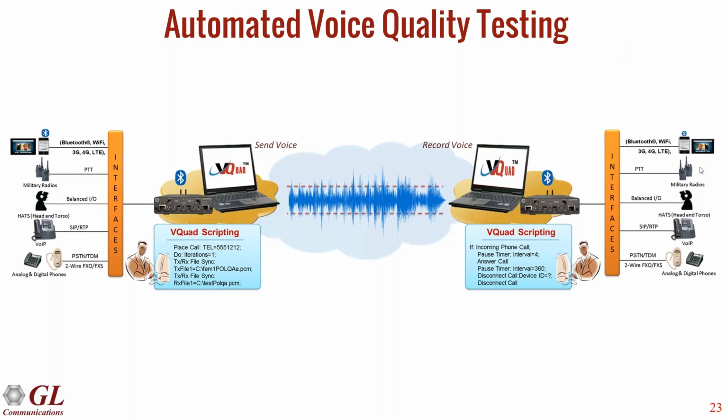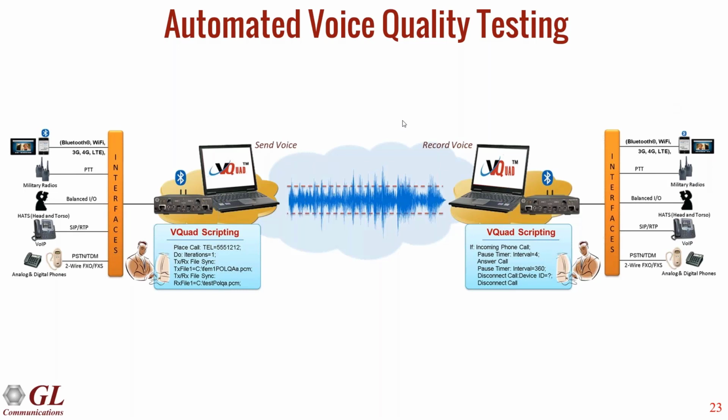What it analyzes may be a lot of interfaces, maybe a Bluetooth interface, maybe 2G, 3G, 4G, 5G, or maybe a PTT, or a VoIP, or a two-wire line. On the screen, you can see the VQuad, which has interfaces, any interfaces you can connect. So you can have a call from a mobile phone, which is 4G, to the PSTN line on the other end.